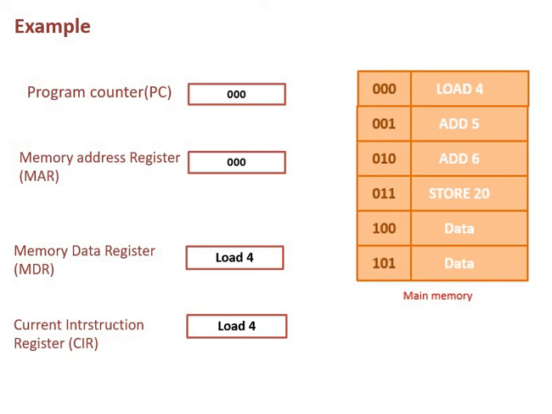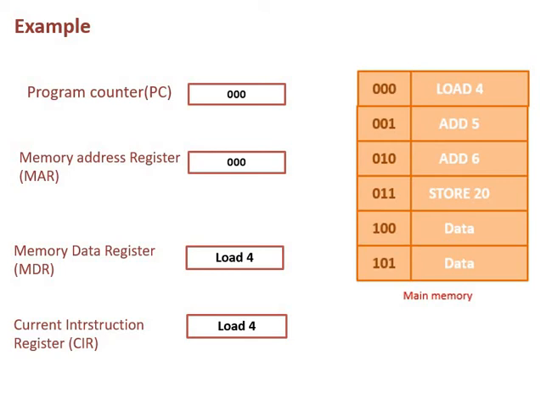As we have discussed in the previous lecture, the program counter holds the address of the first instruction to be executed, right? Then that address is copied to the MAR, memory address register, and the CPU sends this address over the address bus to the memory.